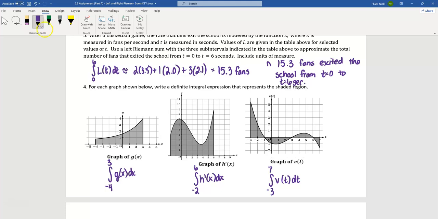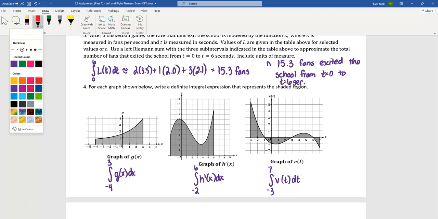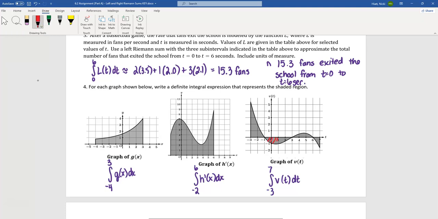Now, what happens right here is if you have an area that's underneath the x-axis, like these two areas right here, when we integrate them, we get a negative value. And whenever we have areas above the curve, which is really all we looked at yesterday, right? We didn't do anything where we had a graph below, then you're going to get a positive value.